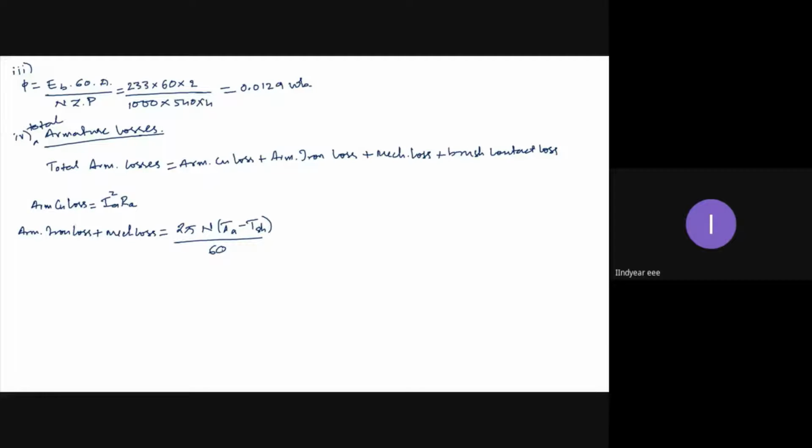P equal to 2 pi nT by 60, this is the equation we have. So 2 pi n Ta by 60 is Pa. 2 pi n Tsh by 60 is P out. So Pa minus P out is armature iron loss plus mechanical loss. Separately, we need not calculate Pa and Psh, one thing. Psh is known, P out is known. Okay. Then brush contact loss.